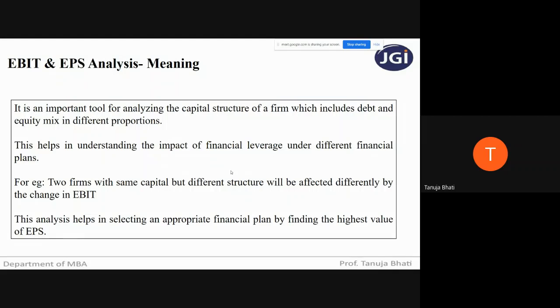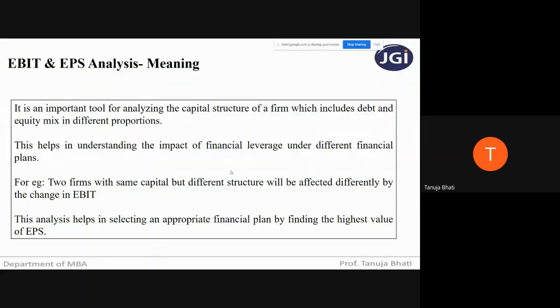This is an important tool for analyzing the capital structure of a firm, which includes both debt as well as equity mix in different proportions. So this particular analysis will help us in understanding what is the impact of financial leverage under different financial plans. This analysis helps in selecting an appropriate financial plan by finding the highest value of EPS.